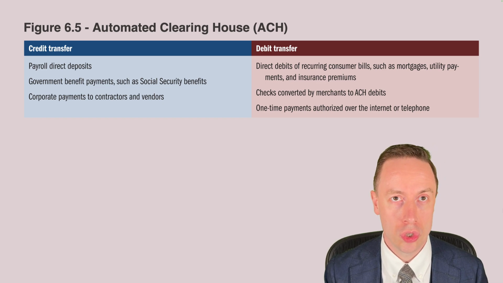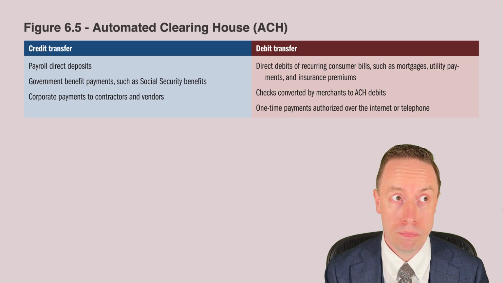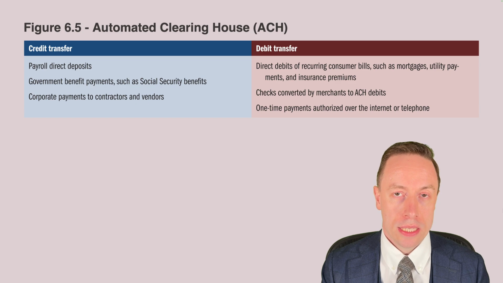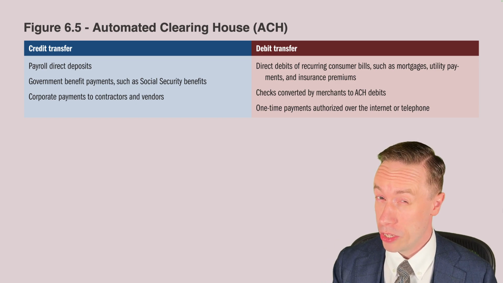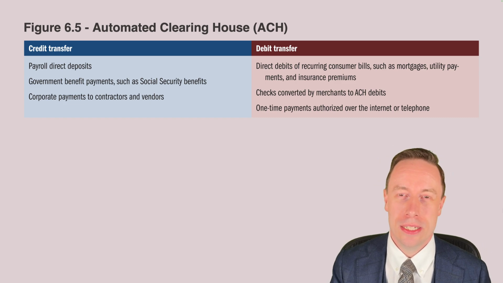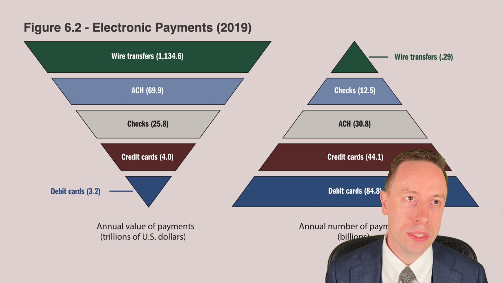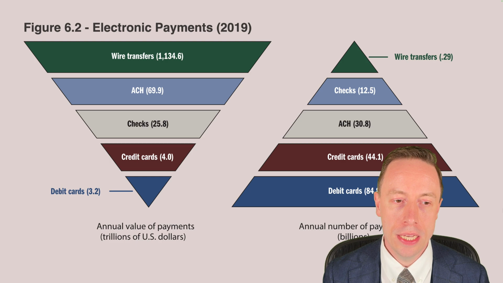So ACH, certainly a big convenience step up, and it's become more and more common to automate transactions in this fashion. But there is something even better right around the corner. I'll tell you about it in just a second. So let's have a look at what these non-cash payments look like for the United States.